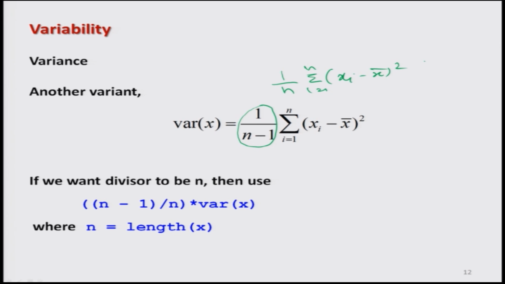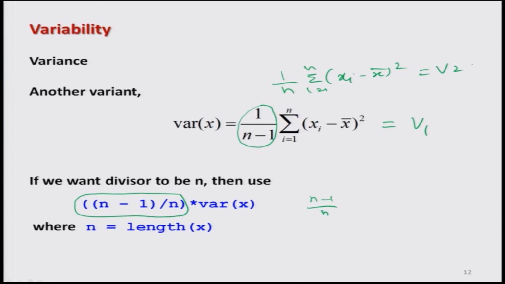If you want this format, then you simply have to multiply the variance of x by n minus 1 upon n. Why? Say this is V1 and this is V2.